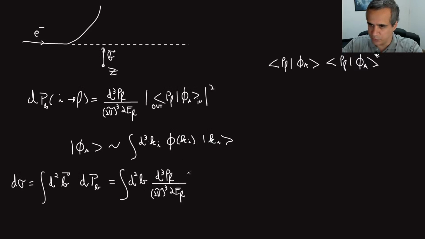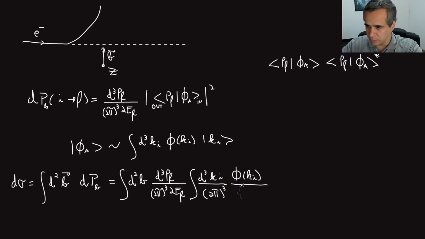So that gives me two integrals like that, d3k_i and then d3k_i bar that I'll write later. And now I'll put all the proper normalizations here. So there's a 2 pi cubed, there's the wave packet, wave function there, again more normalizations.